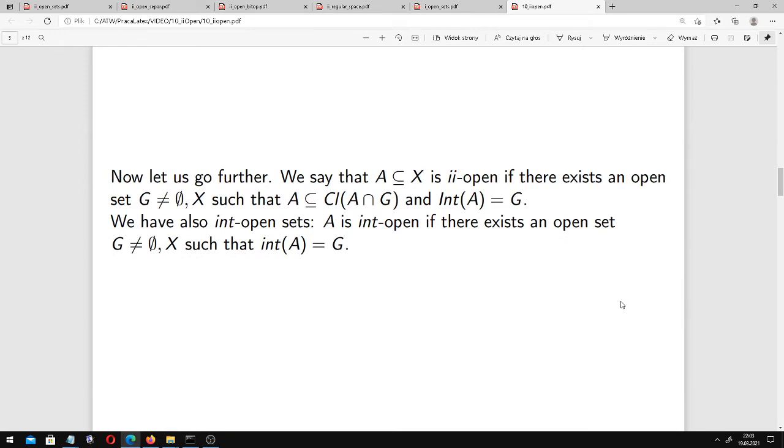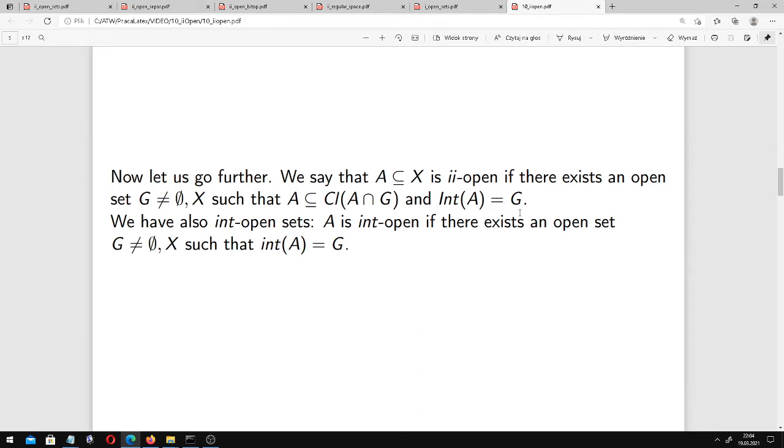Now let us go further. We say that A contained in X is II open if there exists an open set G different than the empty set and the whole universe, such that A is contained in the closure of the intersection of A and G, and this is the idea of I open set, but we have this additional condition: interior of A is equal to G. We have also int open sets.